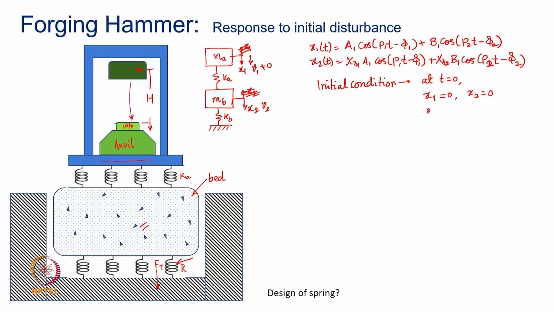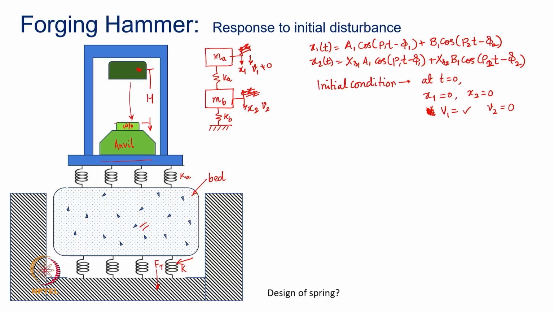And then v1 is going to be a function of the height through which it drops, square root of 2gh. What is the velocity of the bed? That is assumed 0, that it is standing stationary.